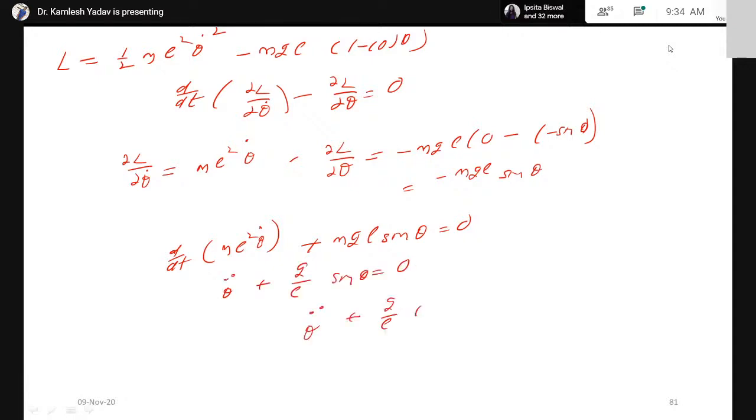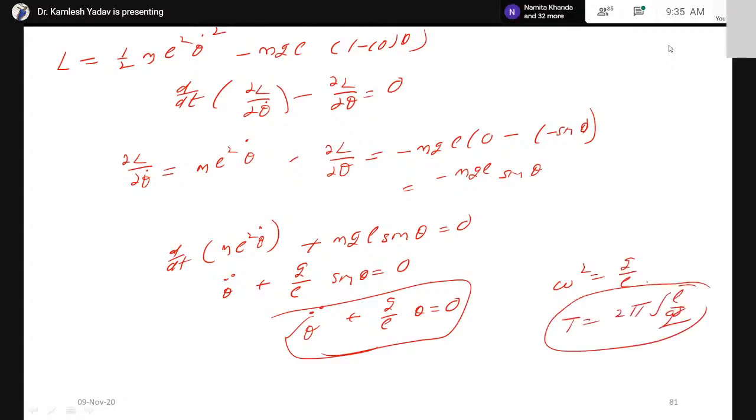This is the same equation which we derived using Newton's law. Therefore, from this we can write omega square equal to g by l, or time period equal to 2 pi under root l by g. From this equation, again we have derived the same result using Lagrange formulation.